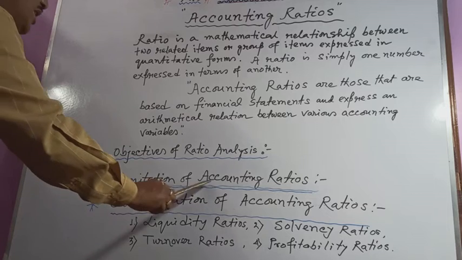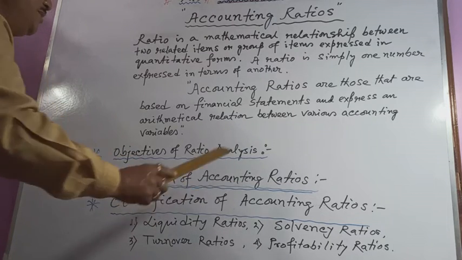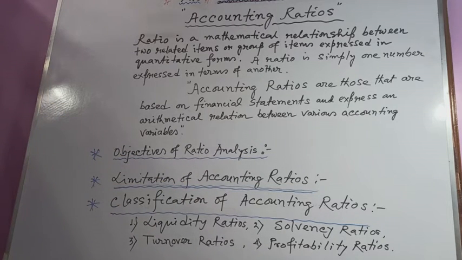Now next again, what are the limitations of accounting ratio? This is also important for theory. These are the main limitations of accounting ratio. Number one limitation, false accounting data gives false ratio.